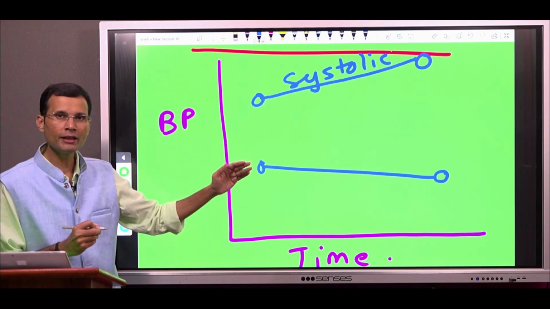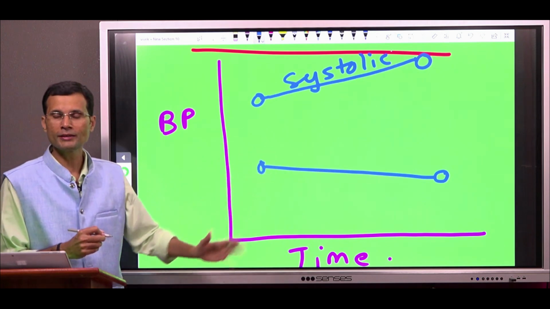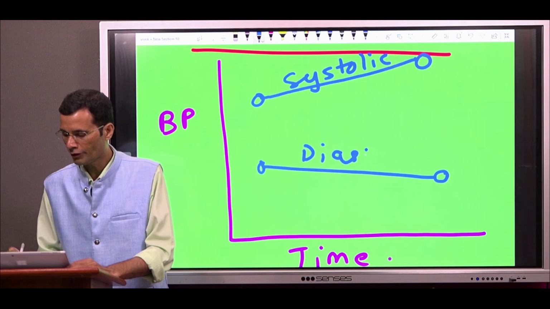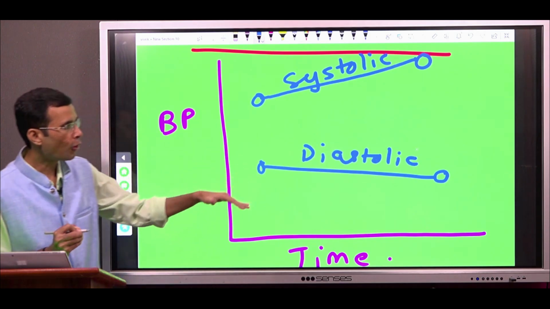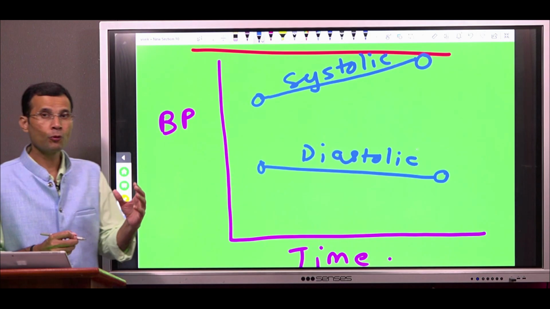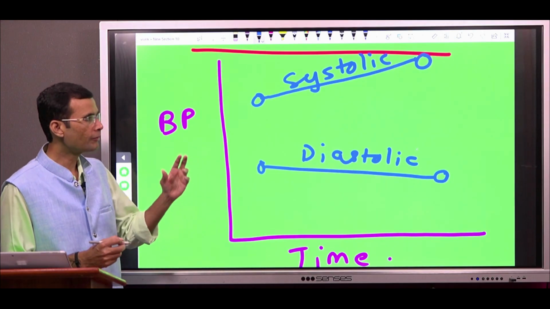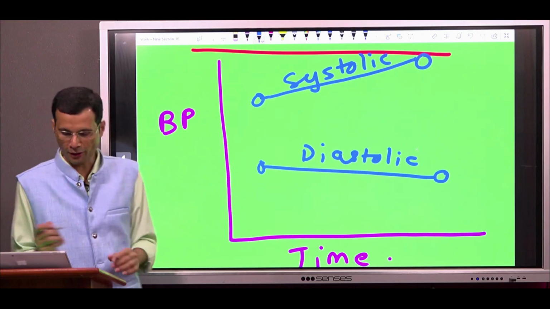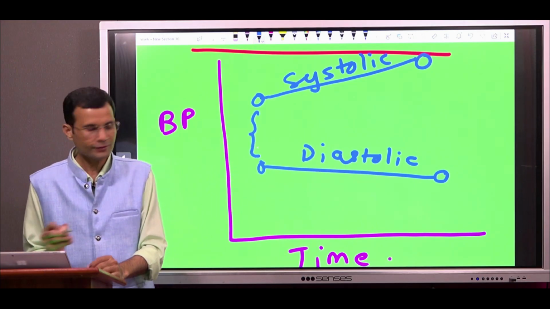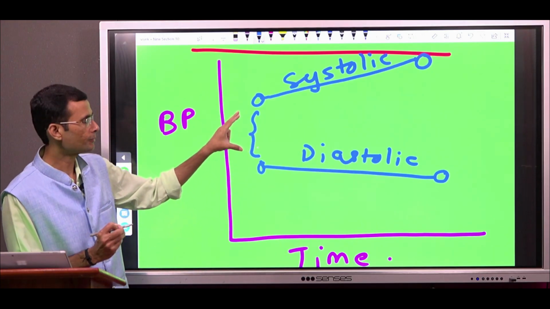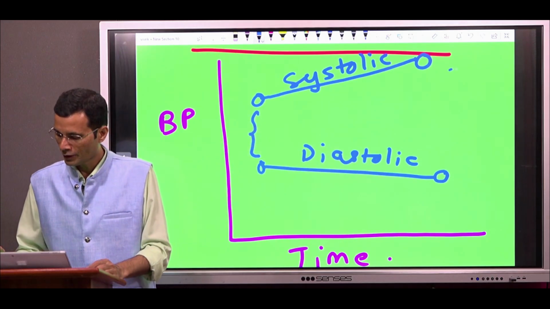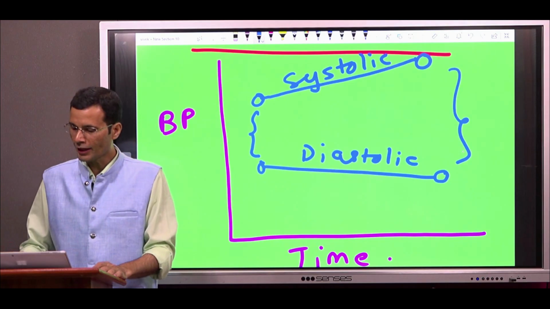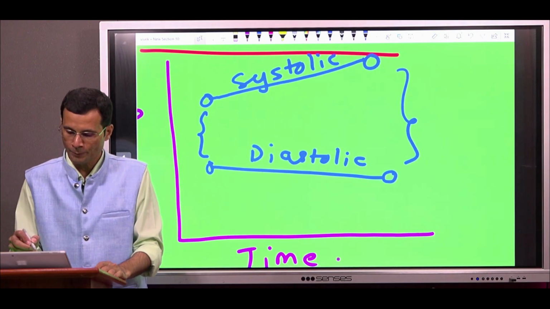Systolic BP will increase as you perform the exercise, and diastolic BP will slightly decrease, and therefore pulse pressure, the difference between the two pressures, widens, as you can see from the graph. At the start of the exercise, this was the difference between the two pressures, and it has widened as the exercise was performed. Now, let's try to understand why this change has happened.